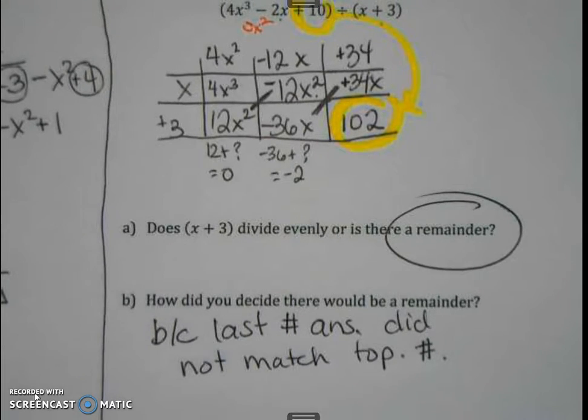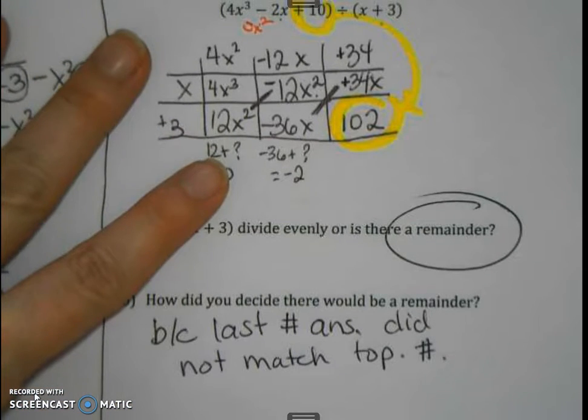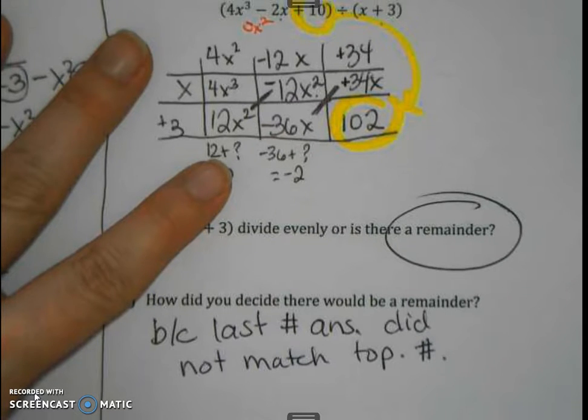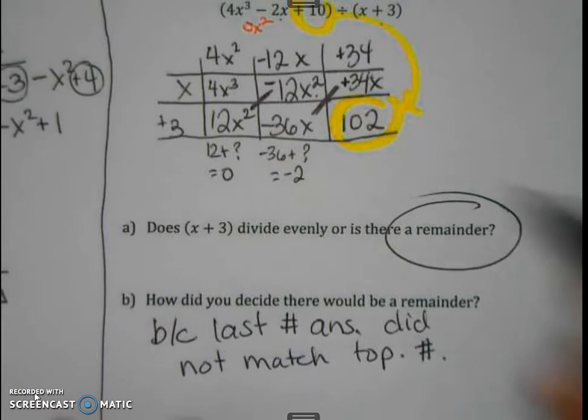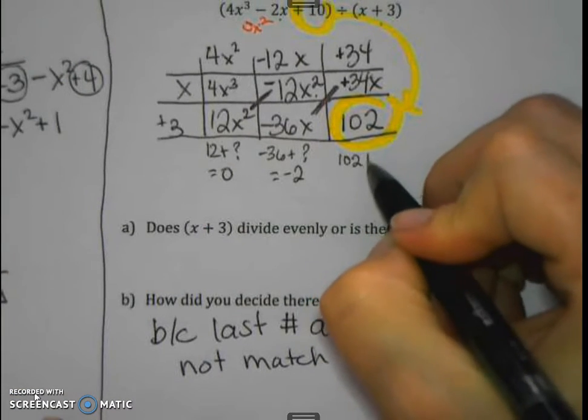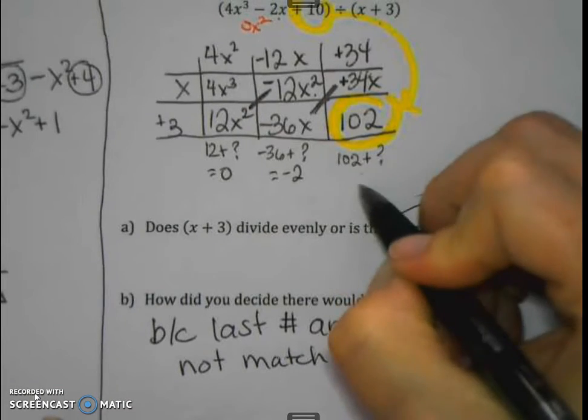Now there's one more chance for bonus here. I told you that as long as you could decide whether there was a remainder, that's all I cared about, and that it would be bonus if you could write the remainder. So here's the bonus. What do I add to 102 to make 10?